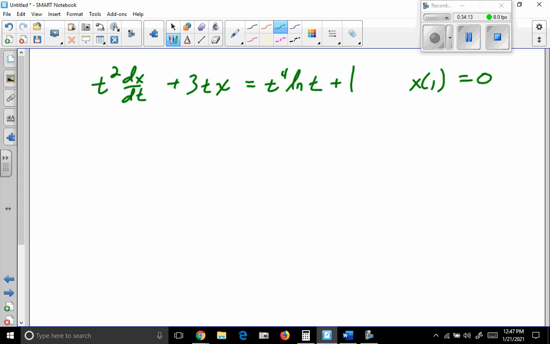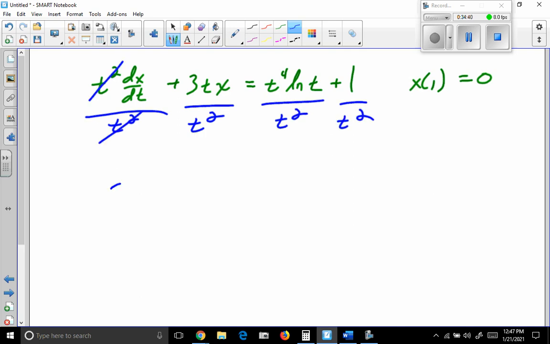So let's do one where we have an initial value. So we need to begin by rewriting this one. So our independent variable is t, our dependent variable is x. So if this is going to be in standard form, we want to divide everything by t squared. So those cancel, giving us dx dt.